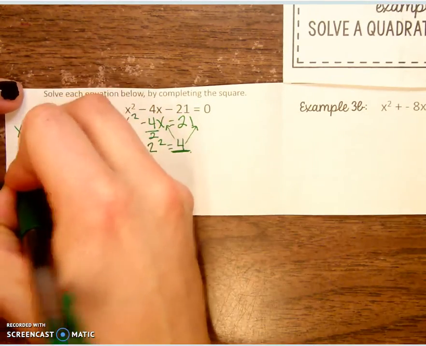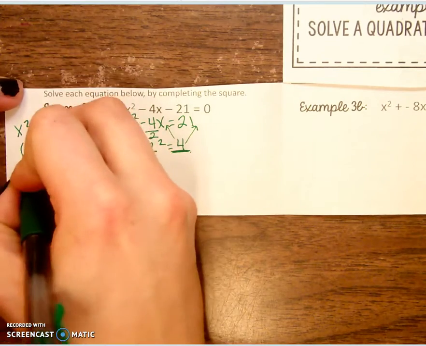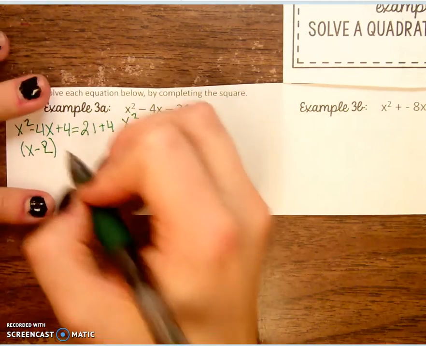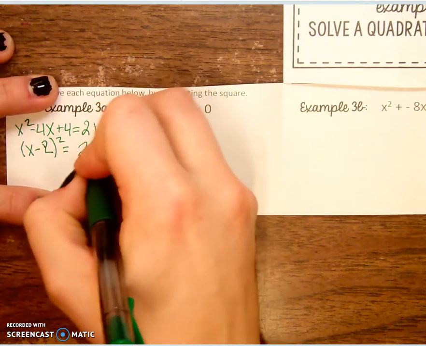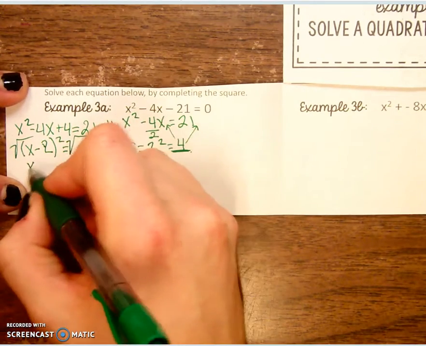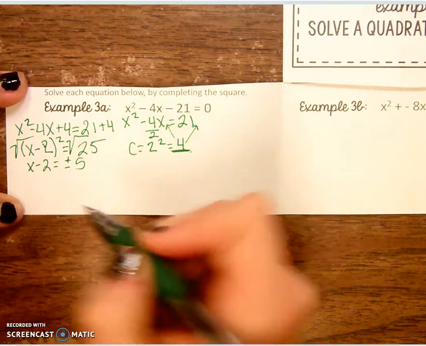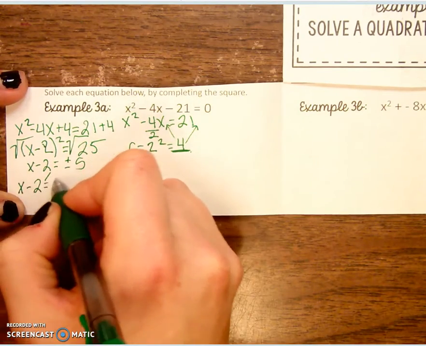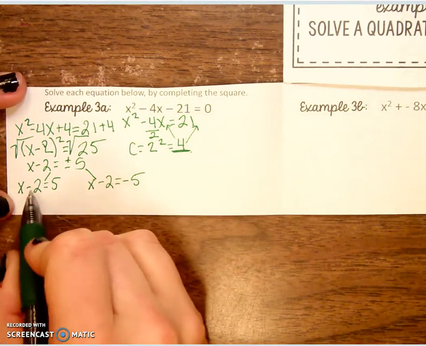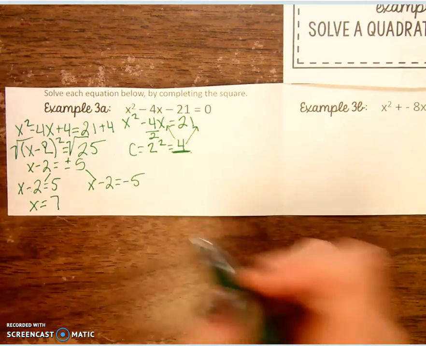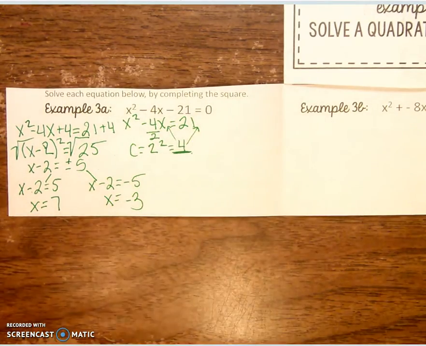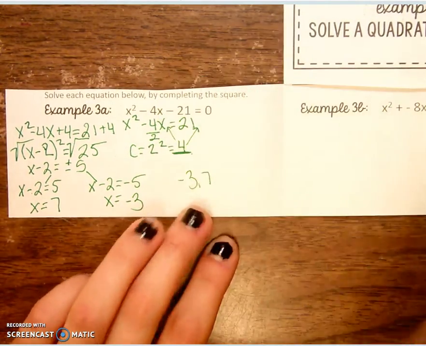All right, my perfect square trinomial, multiply to 4, add to negative 4, x minus 2 squared equals 25. Square root, x minus 2 equals plus or negative 5. So x minus 2 equals a positive, or x minus 2 equals a negative. I'm going to add 2, so x equals 7, and add 2, x equals negative 3. So negative 3, 7. Those are my solutions.